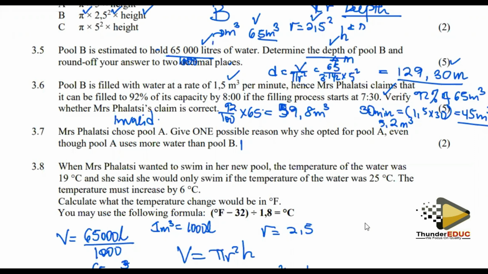Or you can say the design or the shape of the swimming pool could have influenced her to choose pool A.